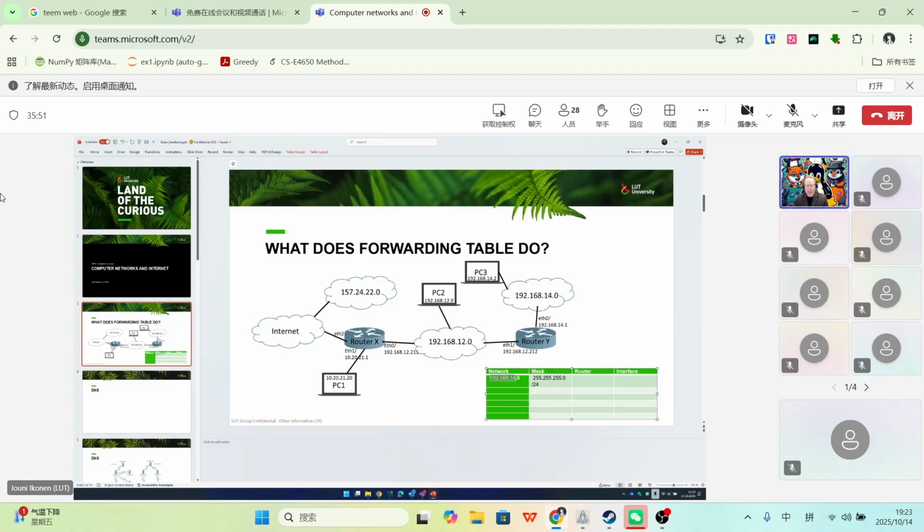So basically, it tells us that the first 3 bytes, this part, if the destination address matches this one, then the IP packet matches this network. So it tells us where we divide the network mask, or IP address.